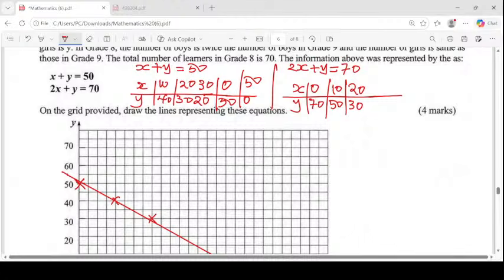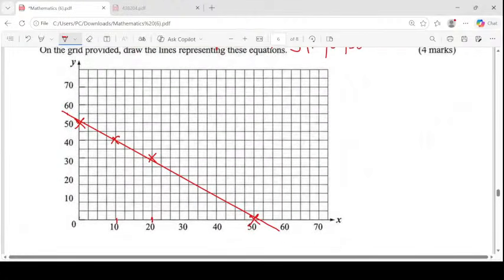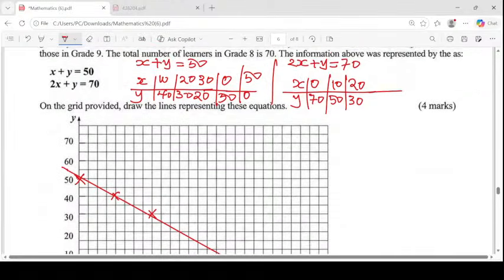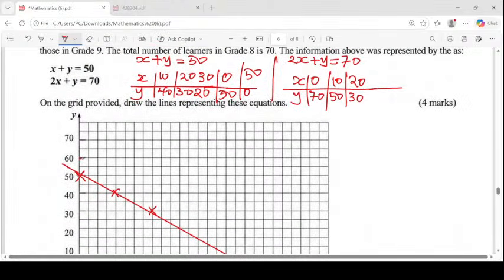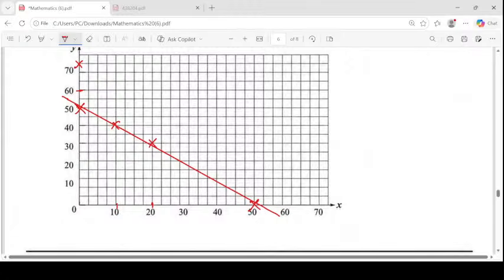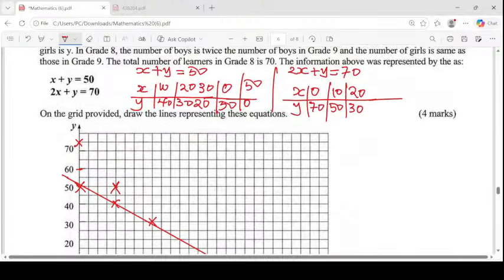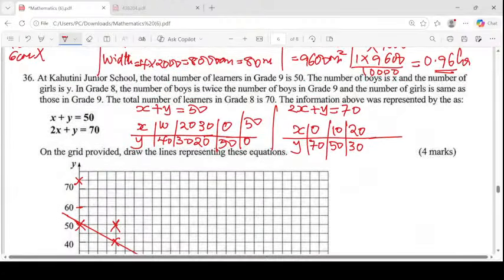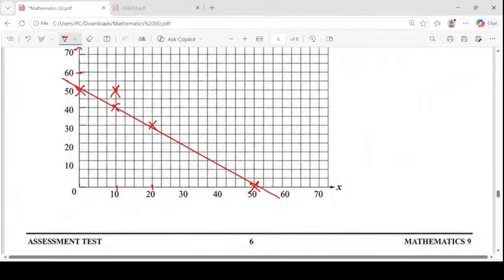So 0, 70 is here. I don't know where the 70 is. You know, this graph has not been plotted well. This is now the major challenge I'm facing. Assuming it's here, 1, 2, 3, maybe it's here. 10 on the x-axis, 50 on the y-axis is here. 20, 30 is here.